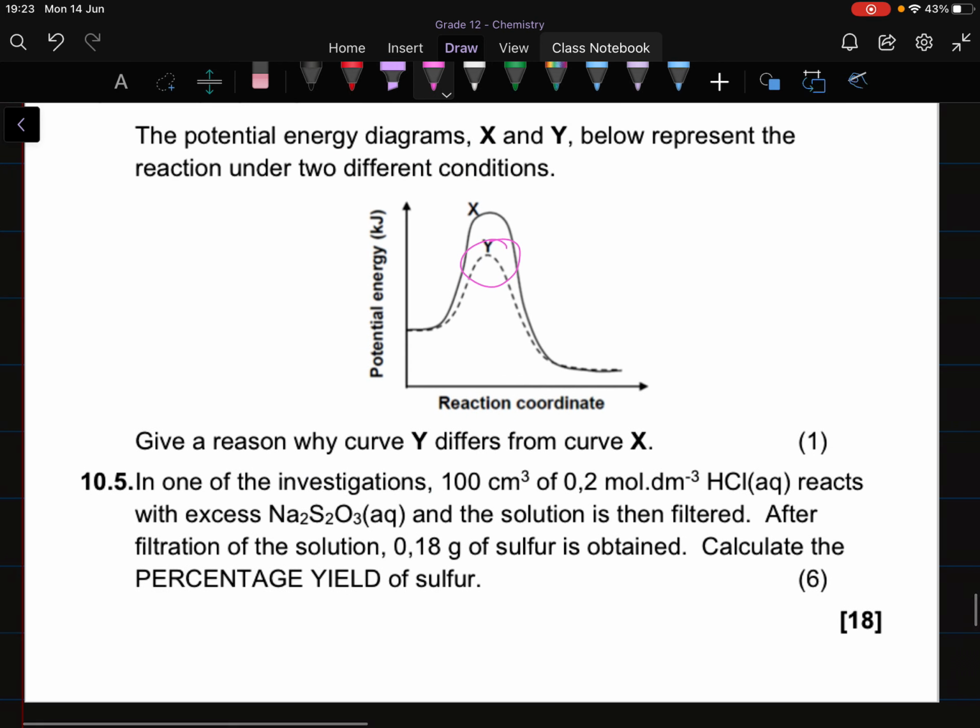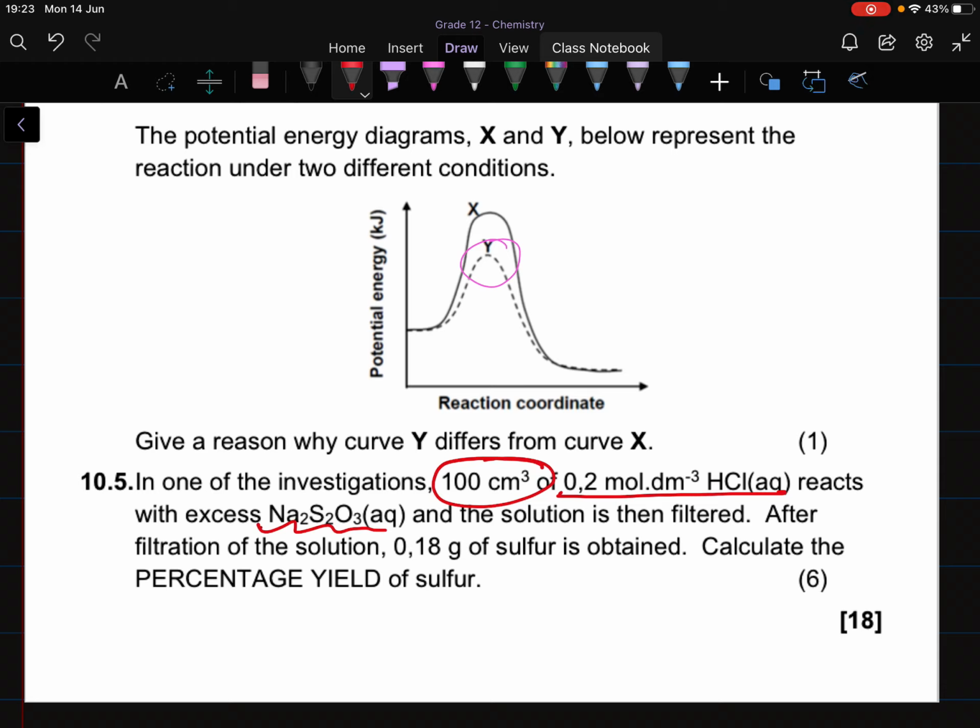Great. Now we get to the fun question. In one of the investigations, now this has got nothing to do with the curve. This is actually a normal stoichiometric calculation. In one of the investigations, 100 centimeters cubed of 0.2 moles of HCl per decimeter cube of HCl reacts with excess Na2S2O3.